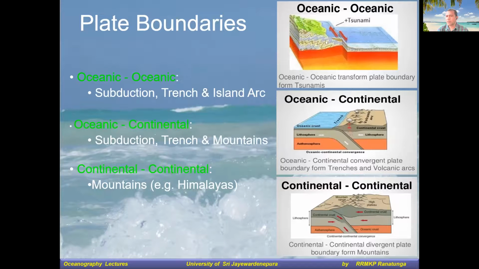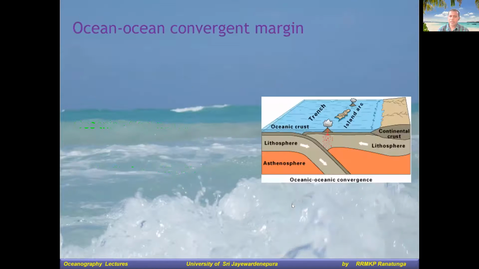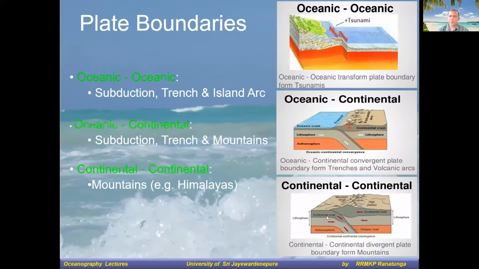Some tsunamis can also be generated in a transform boundary area, right? And the other thing is the continental boundary, right? That also usually, since they have the same densities, will cause mountain building, and that's exactly what happened in the Himalaya building.